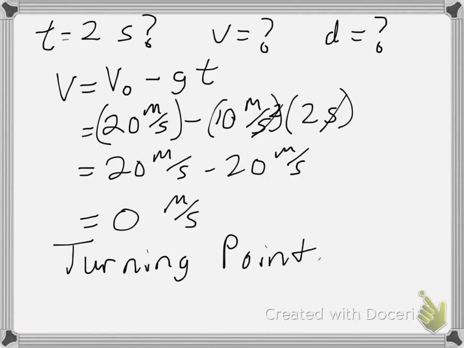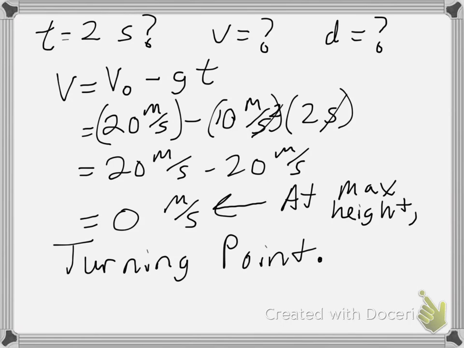And an interesting thing about this point is exactly this: the velocity is 0. So at the maximum height, the velocity is 0. That's a very important feature of projectile motion.